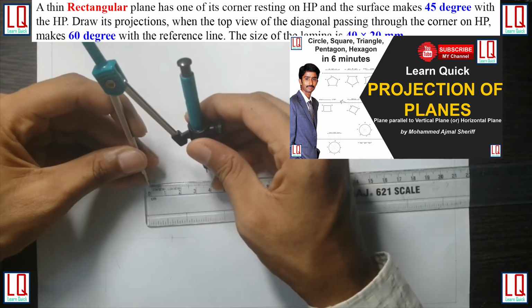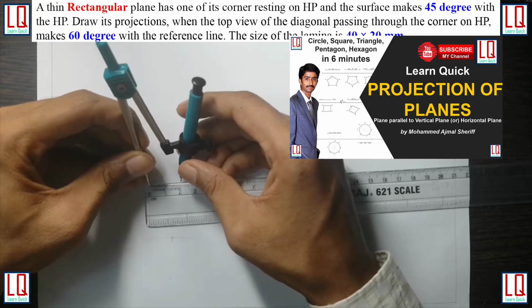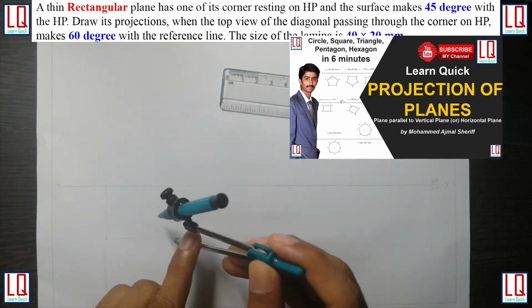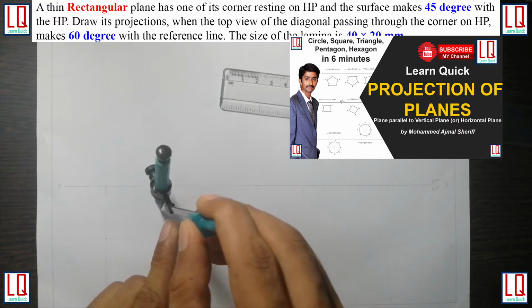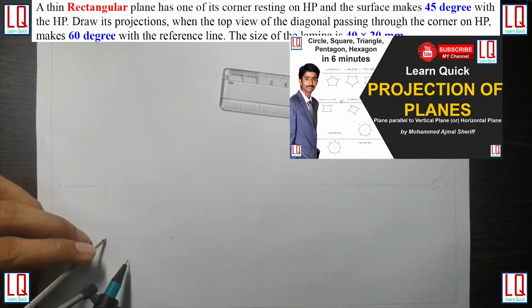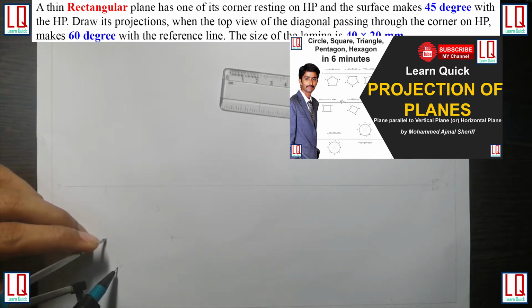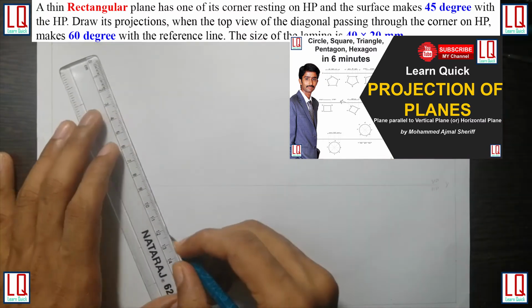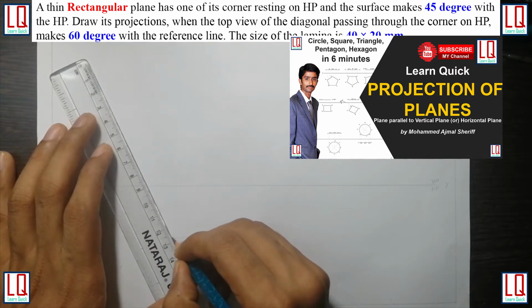Now I measure the shorter length 20 mm and cut an arc. The coinciding point will be the other corner of the rectangle. Similarly here. Now we have found all four corners of the rectangle. Now I join it.